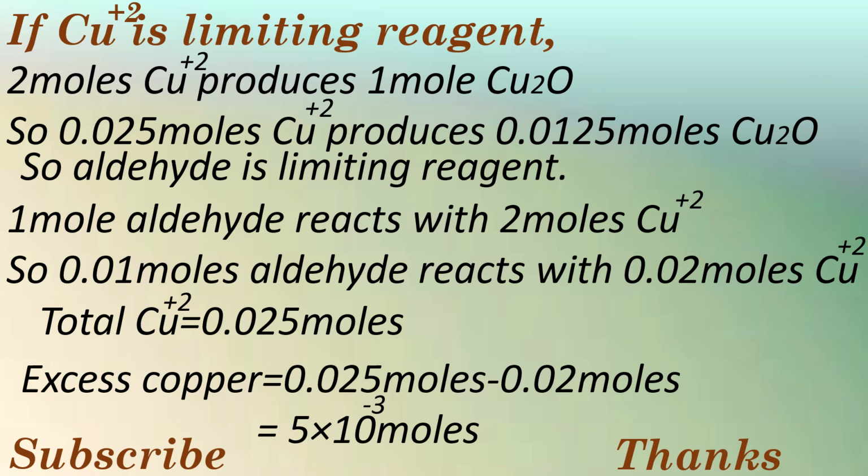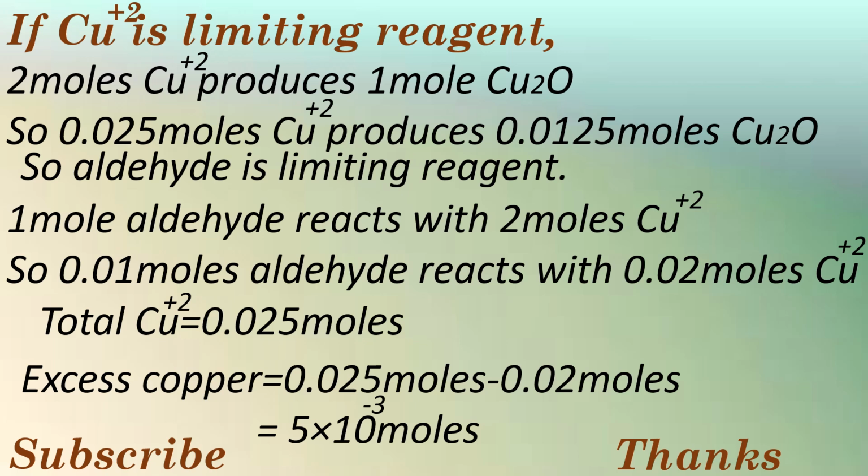So in the previous case, you have seen the amount of copper 1 oxide is less in case of aldehyde and greater in case of copper plus 2. So that means aldehyde is limiting reagent because it is producing less moles of product, that is copper 1 oxide. So aldehyde is limiting reagent and copper plus 2 is excess reagent.